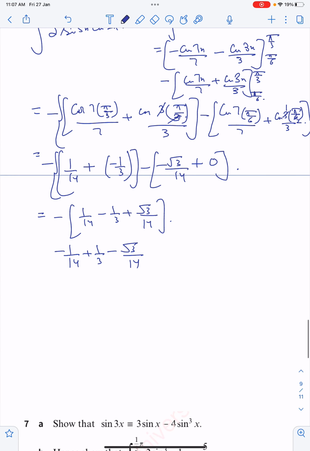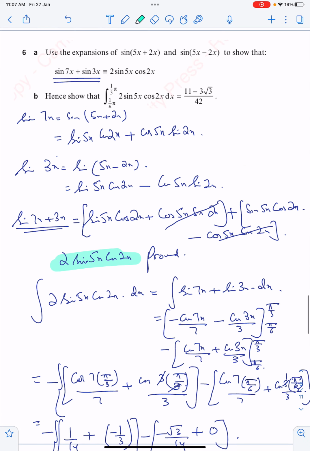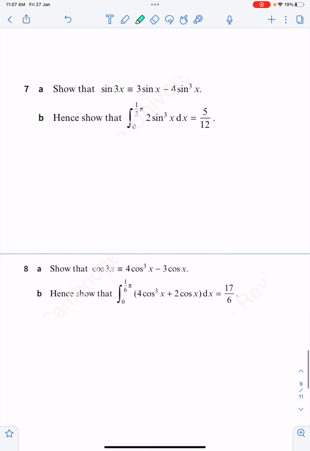Okay, they've taken out the LCM, so I'm also doing the same. 42, 14 3 times, so minus 3 plus 14 plus 14 minus 14 3 times, so 3 root 3. This is 14 minus 3 is 11 minus 3 root 3 upon 42, which is the final answer. Let's check what they have given. 11 minus 3 root 3. Okay, fine, that's correct.